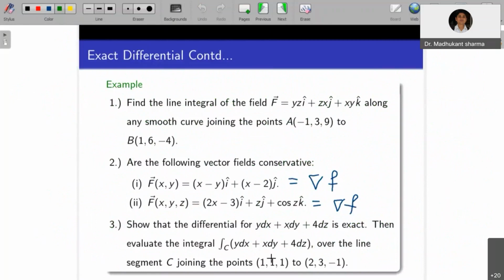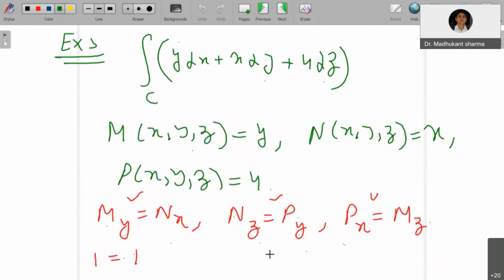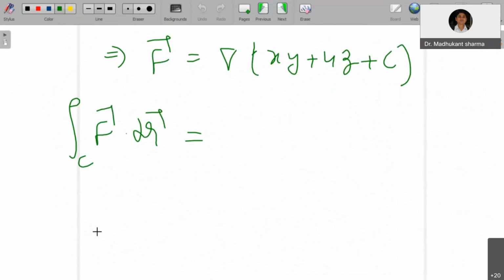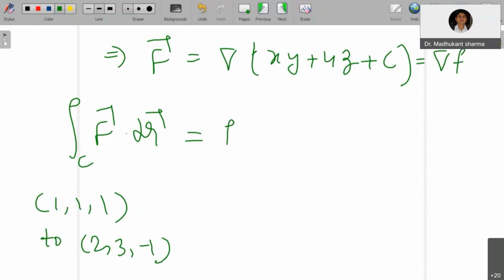Yes, so (1, 1, 1) and (2, 3, -1). So the change is going to be f at (2, 3, -1) minus f at (1, 1, 1).